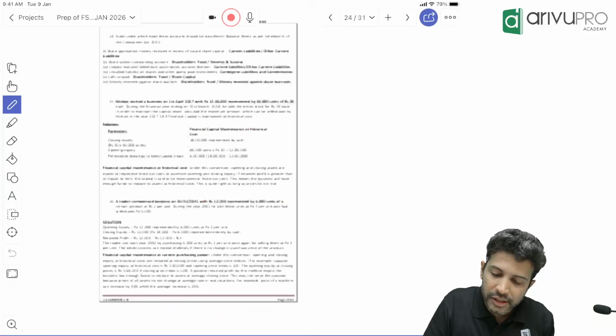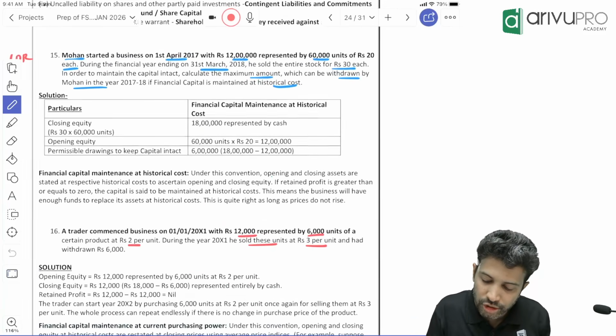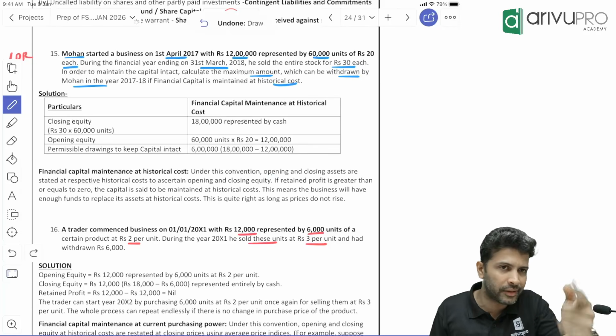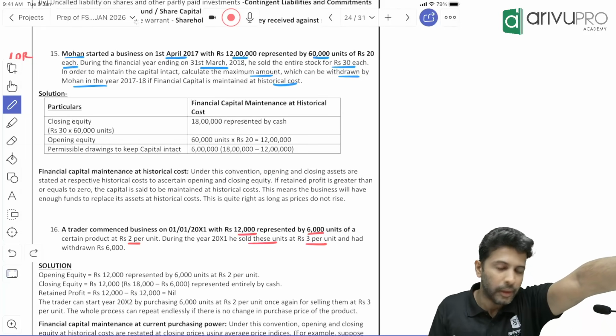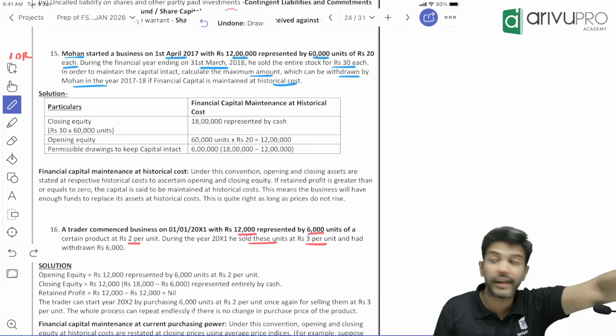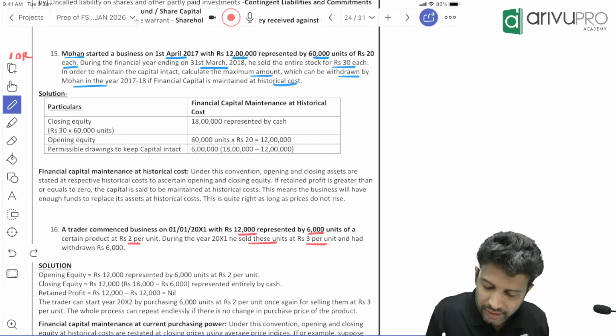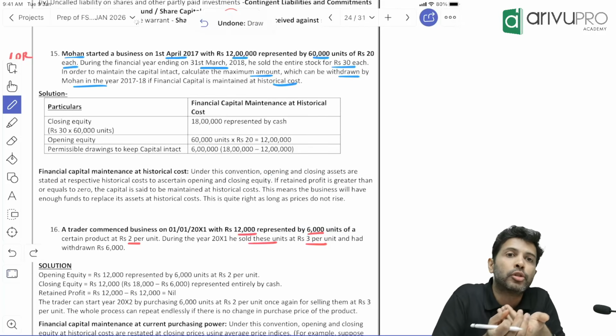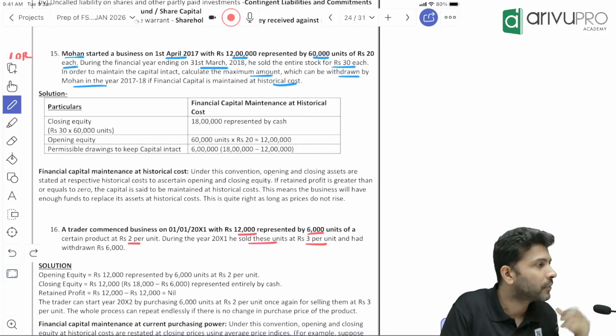If we have purchased and sold 6,000 units last year, you would like to do the same activity at least next year also. Minimum how much would you like to purchase and sell in the next year? 6,000. Ideally more, but at least if you have sold 6,000 units this year, next year also we should be in a position to purchase and sell 6,000.